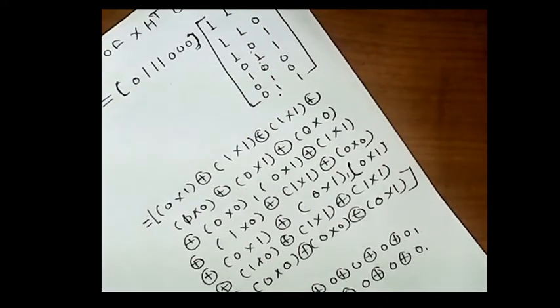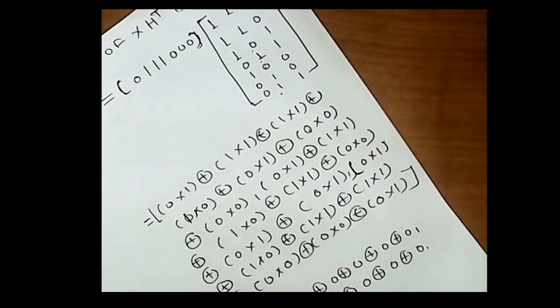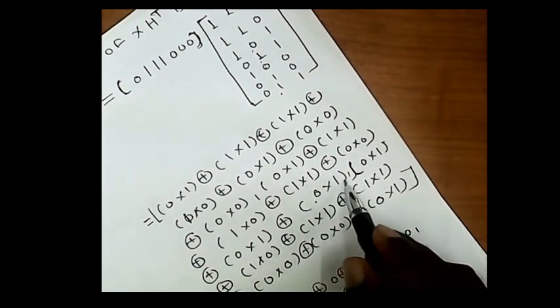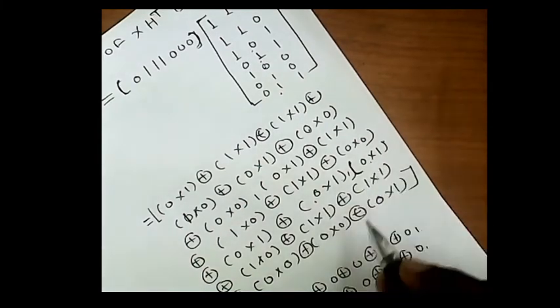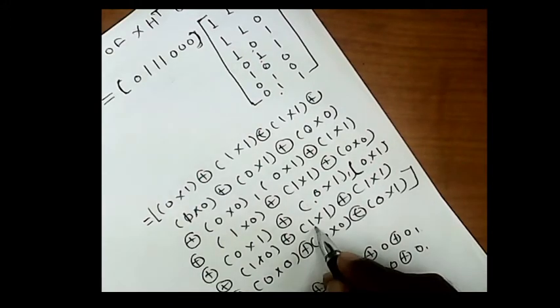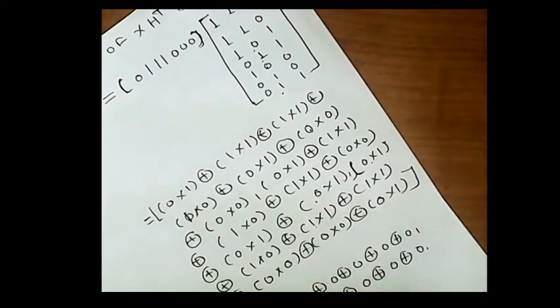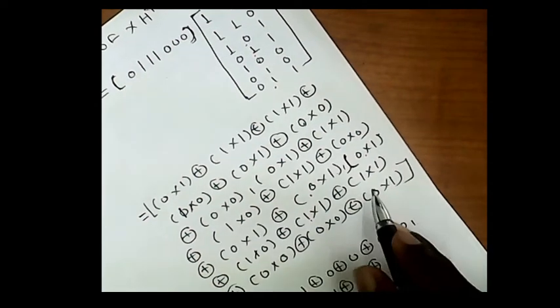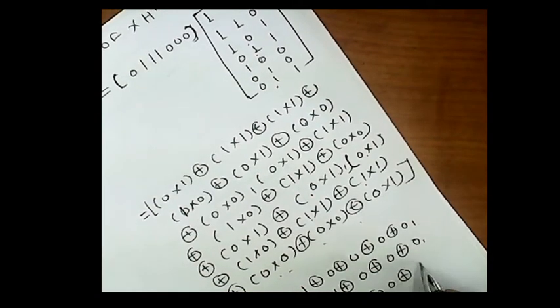After solving, we get 0, 0 into 0, then the second, then the third, this 1, then again 1, then 0 0 0. So three times 0.